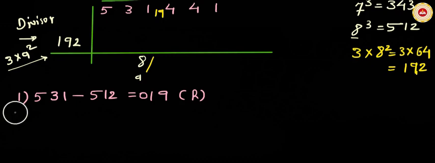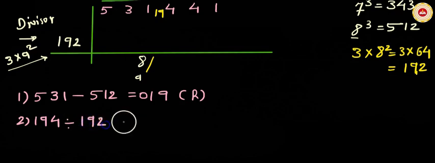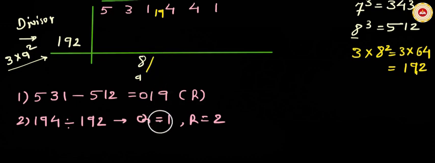Now next step, step number 2, is: see this dividend 194. Let us divide dividend 194 by divisor 192, which gives us quotient, of course, 1 and remainder 2. Correct? So let us write 1 as a second left digit.